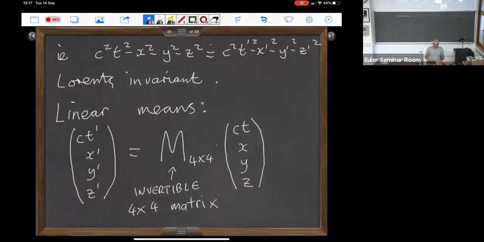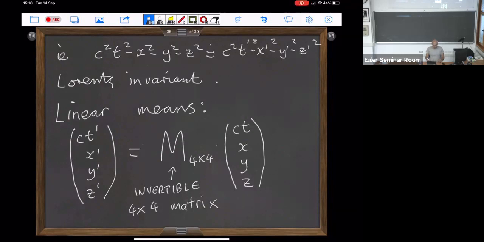In particular, if you make a linear transformation between the primed and unprimed variables, that means just some 4x4 constant matrix. The matrix will depend on some parameters, but those parameters are not t, x, y, and z, so it is constant in that sense. It has to be invertible because you want to be able to go from one frame to the other.